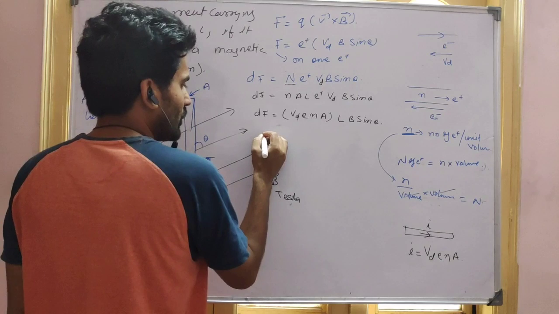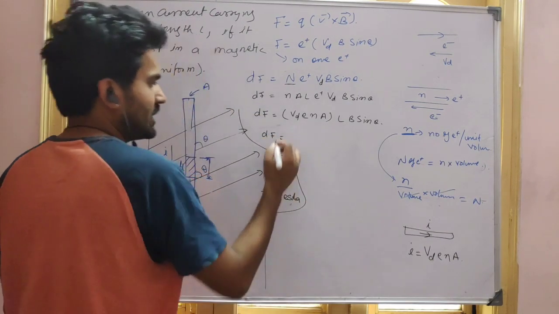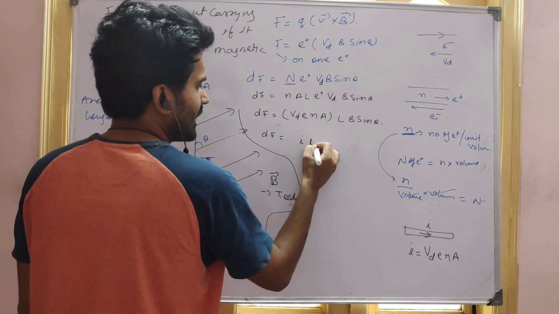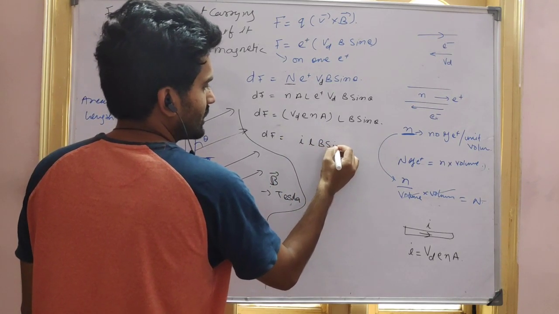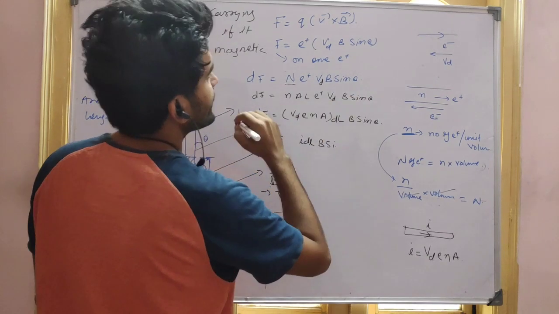So dF is equal to how much? It is I L B sin theta. We will take dl only.